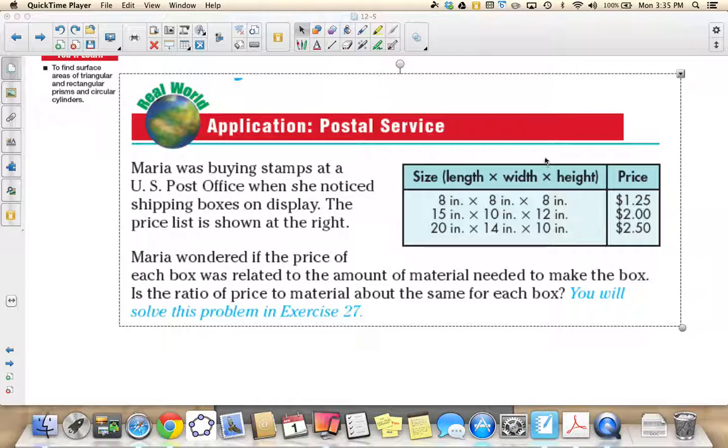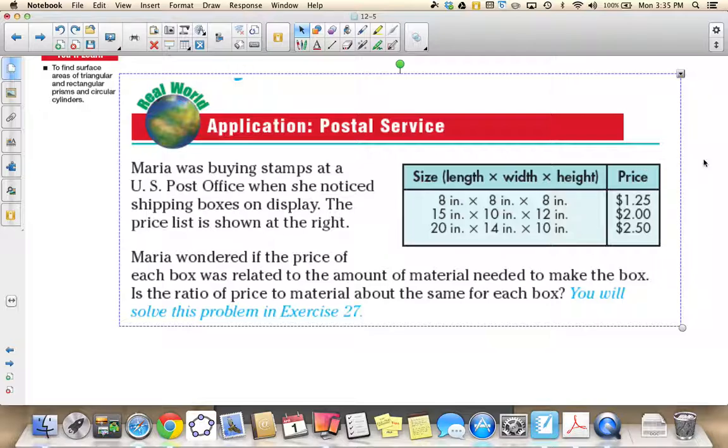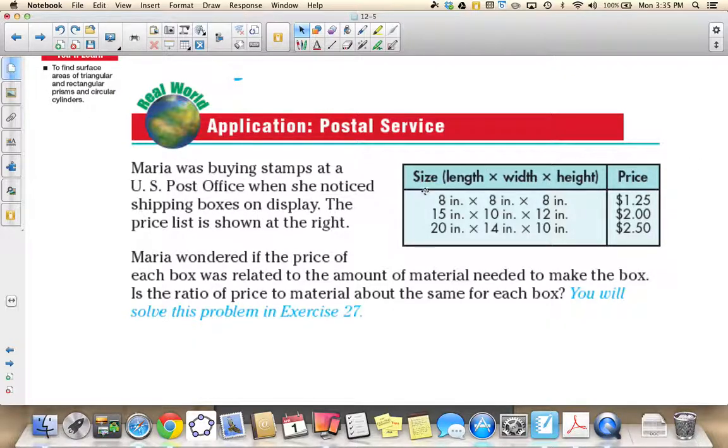The reason why we're showing this example is because if you take a look at this one, you have three types of boxes with different dimensions, and they have different prices as well. And we want to find out if the size of the box has something to do with the amount of material needed to make that box.